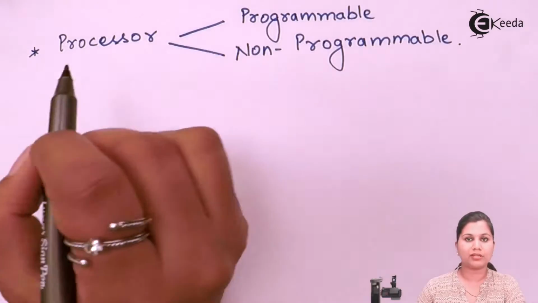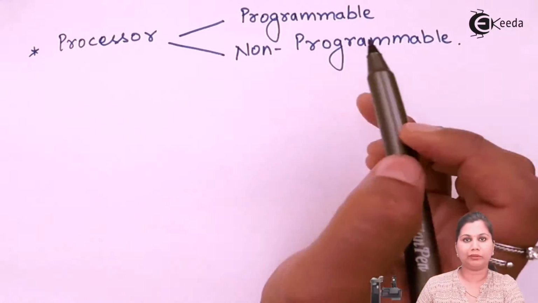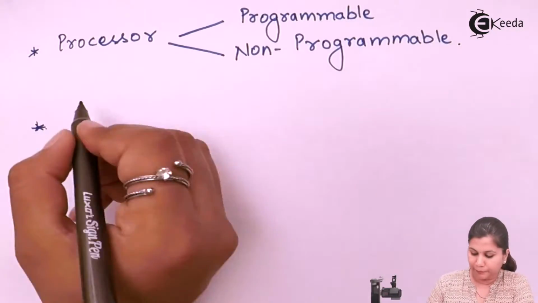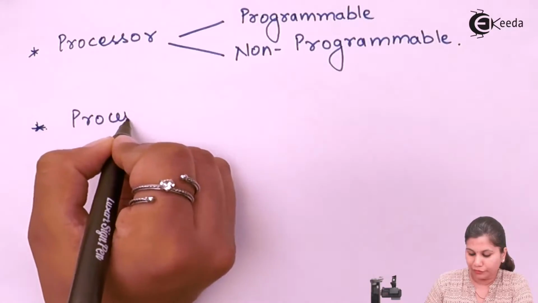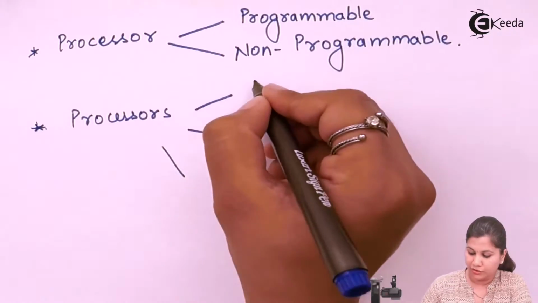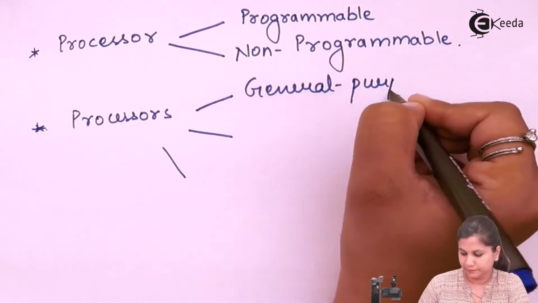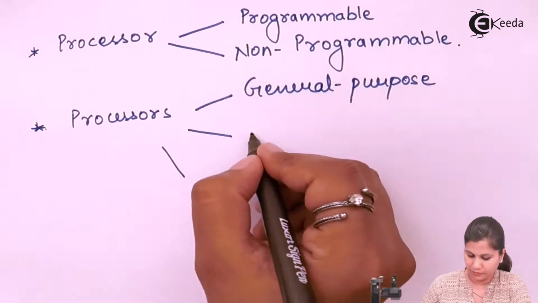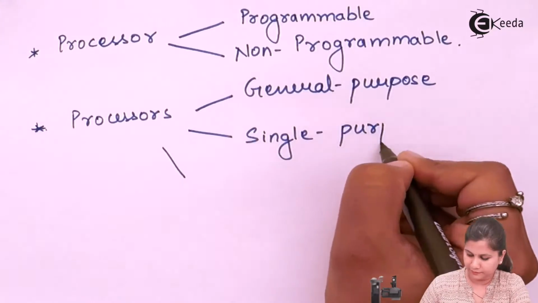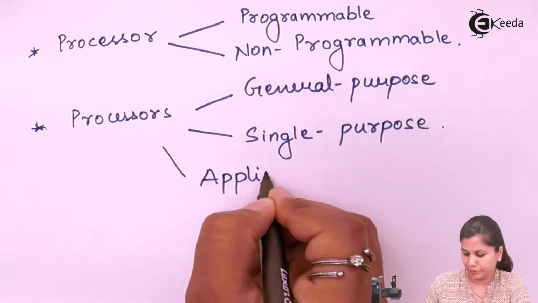So the processors present in embedded systems can be programmable or non-programmable. Now the processors can be of three types: general purpose processors, single purpose processors, and application specific processors.